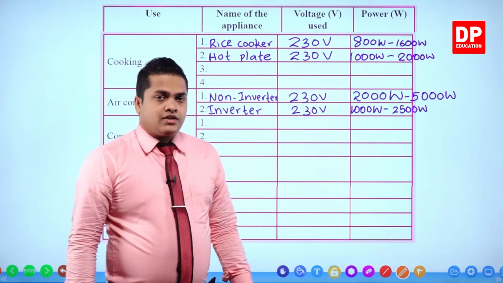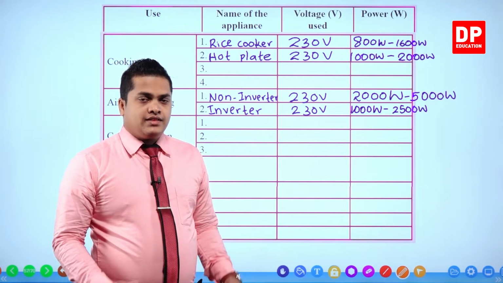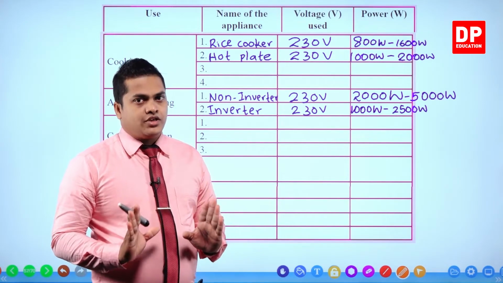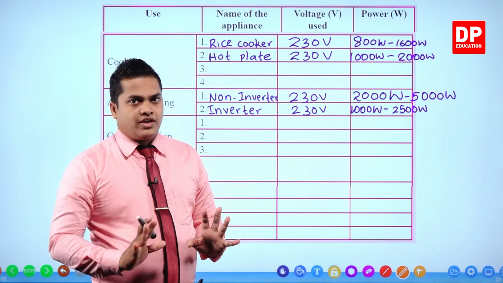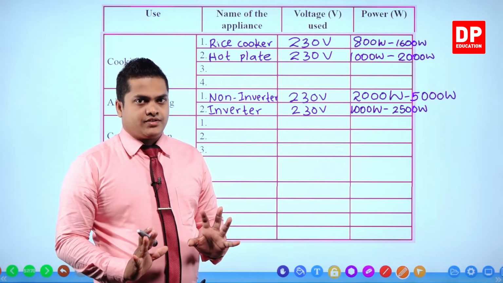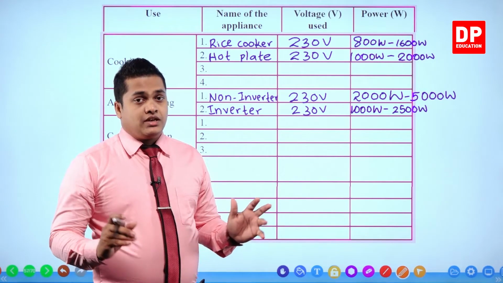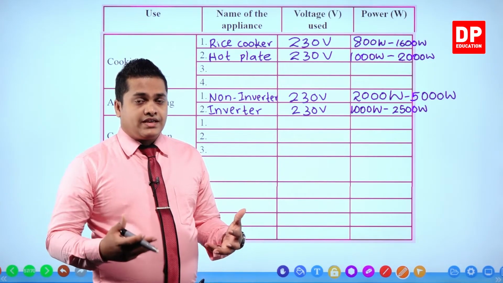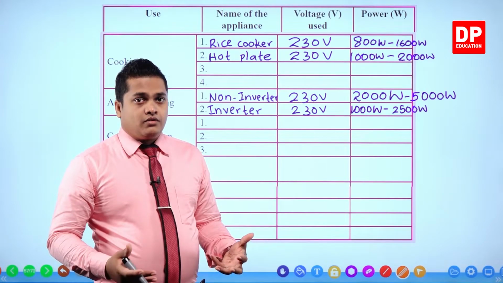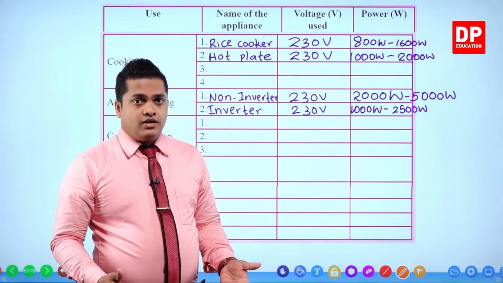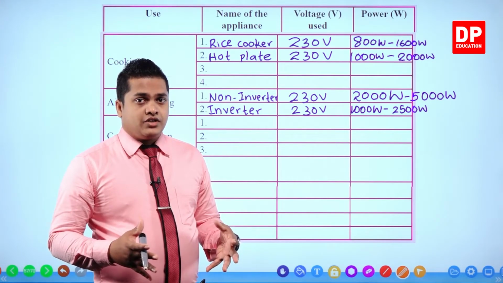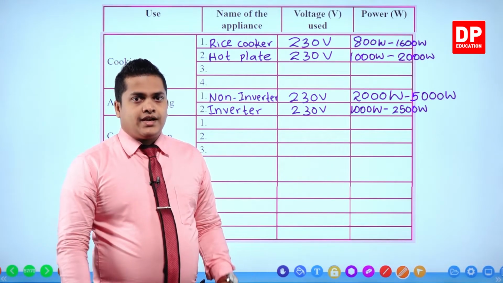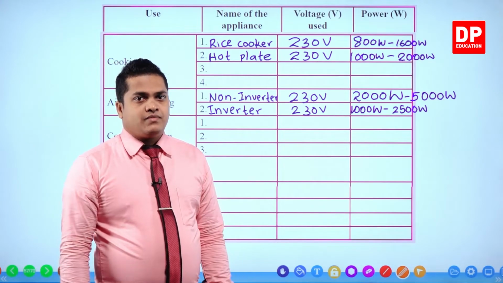My dear children, according to the size and the necessity of the air conditioner, these values might change. I'm just talking about simpler air conditioners. If you are using very large air conditioners, like in a hall, a larger ceremonial hall, or one applied to a certain large room, these values might change.